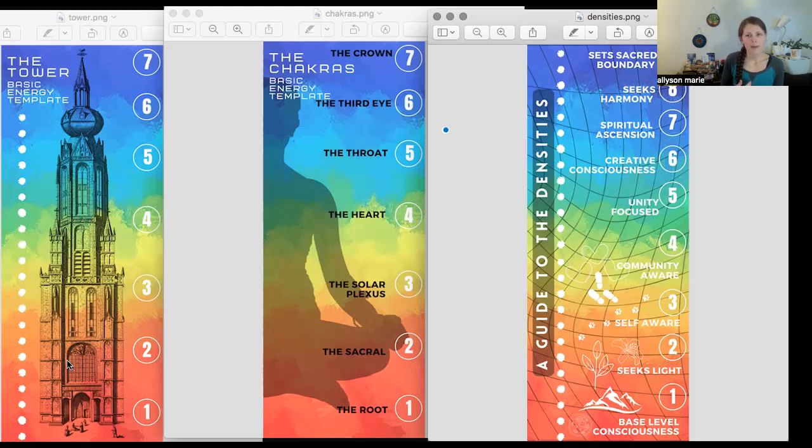It can come up as blocked off, shut off, like you can't even feel anything, a lack of empathy, or it can be really triggered, really extreme emotions that will really get you going.